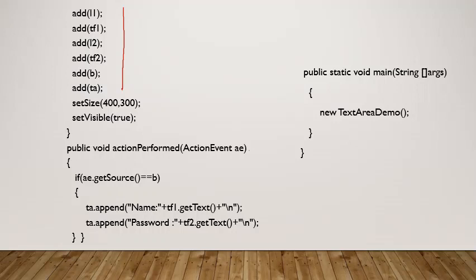This is our third point of the event delegation model, right? Here we are implementing the interface method, that is actionPerformed. Even if you don't write this if condition, it is fine, because we have just one button.